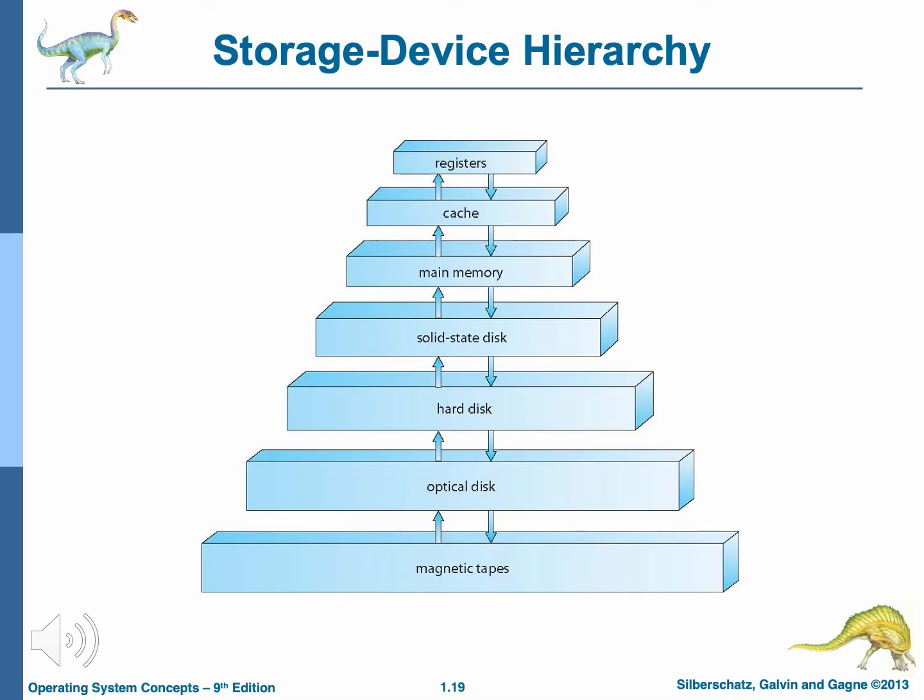In the absence of expensive battery and generator backup systems, data must be written to non-volatile storage for safekeeping. In the hierarchy shown, the storage systems above the solid-state disk are volatile, whereas those including the solid-state disk and below are non-volatile.